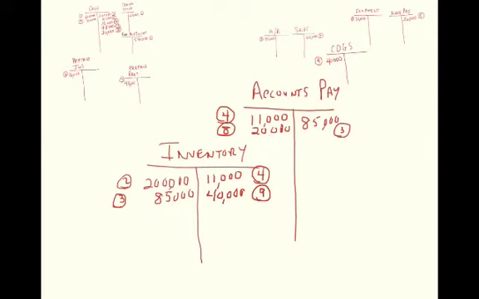The next step is then to figure the balances of each one of them. Let's start with inventory, for example. We have 285 and we have 51 on the right. That's a 5. 285 minus 50 is 235, minus another 1 is 234.